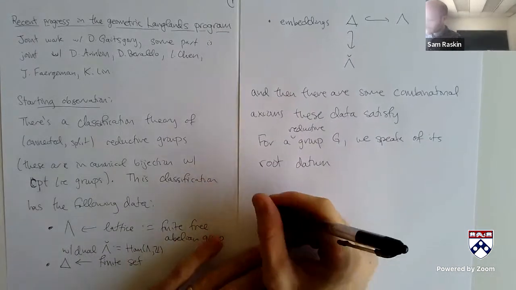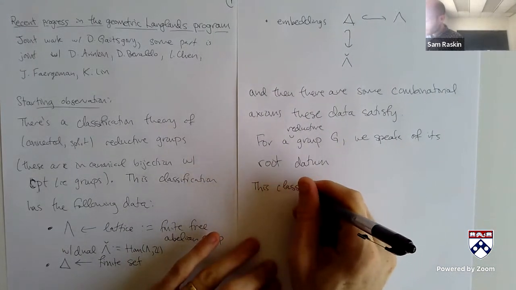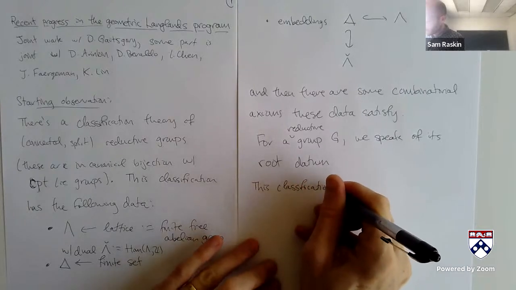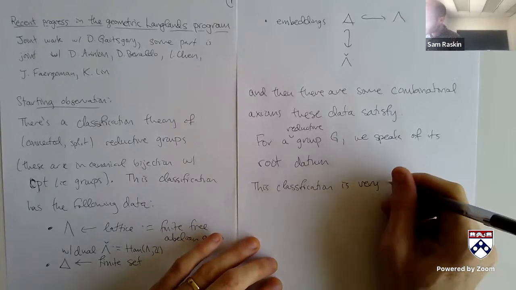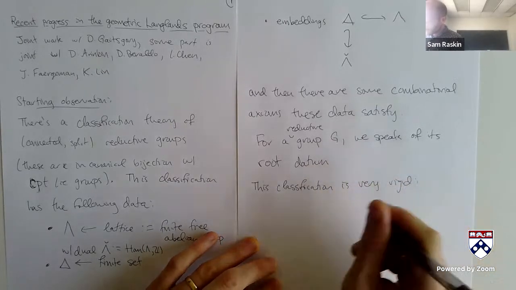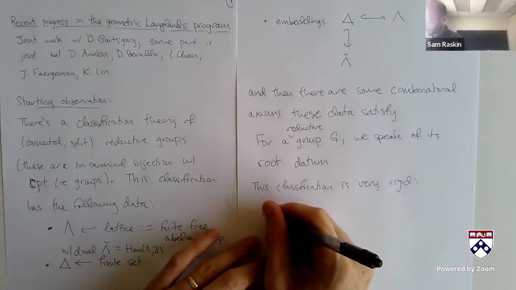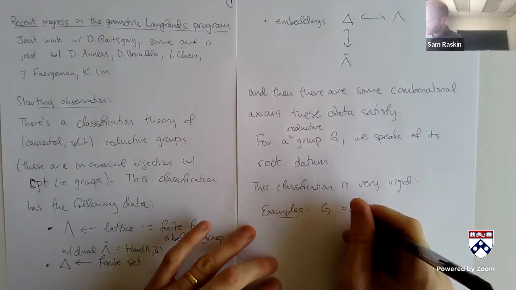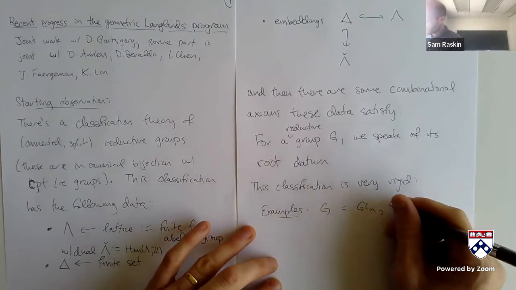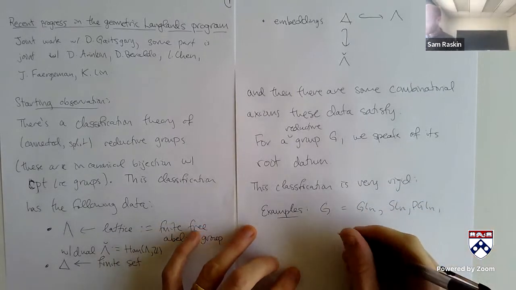I should say this classification can be refined. It ends up being very rigid. The key examples of these groups G: G could be like GLN, SLN. It could be PGLN.